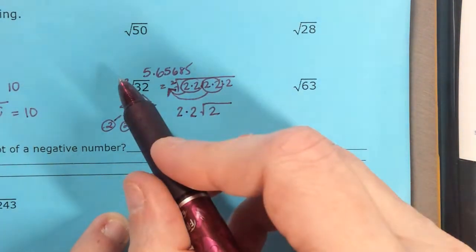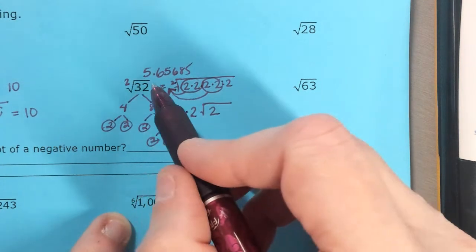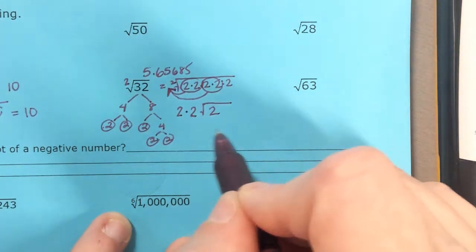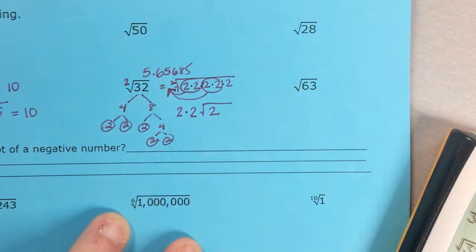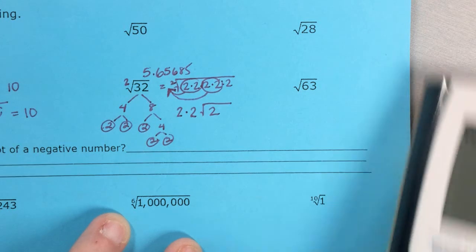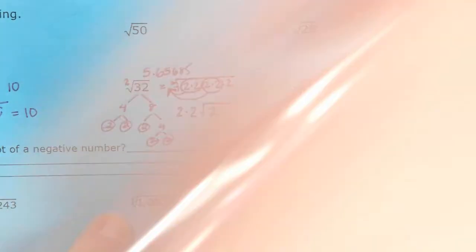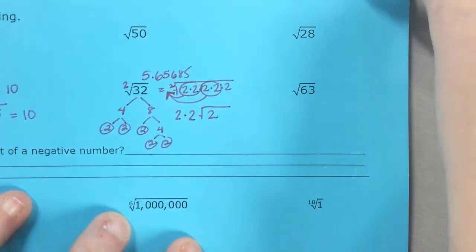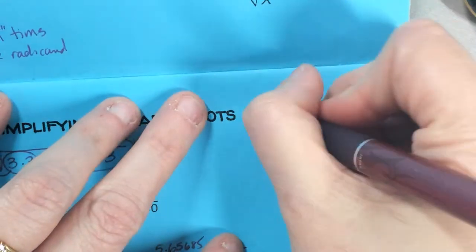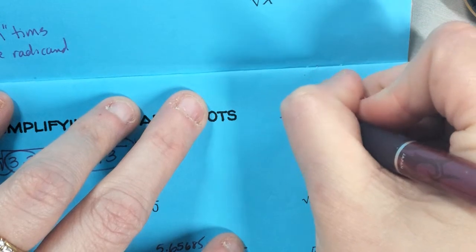When I move stuff outside, if I've got more than one thing outside, I multiply. If I've got more than one thing inside, I multiply. I'll give you an example of that in a second.